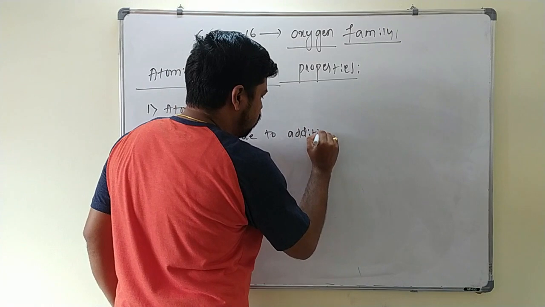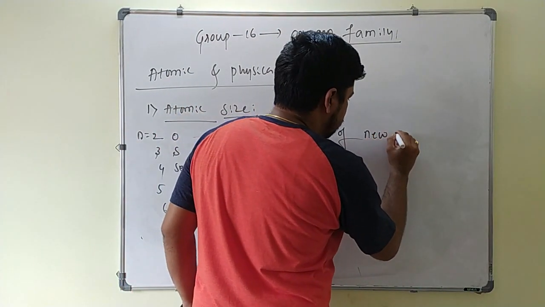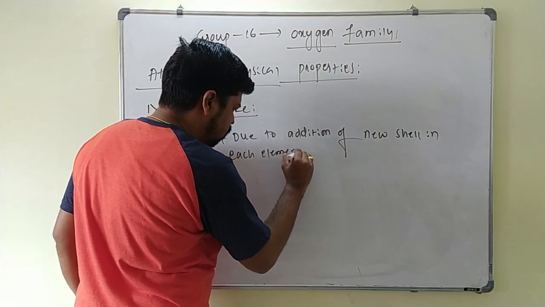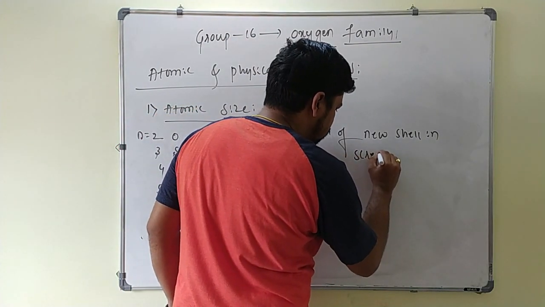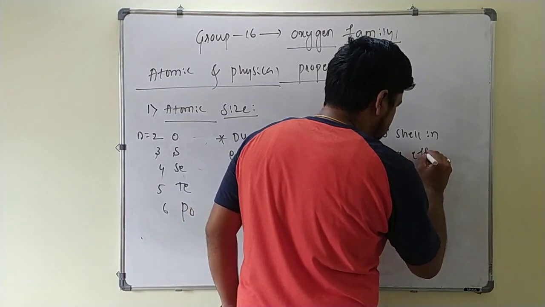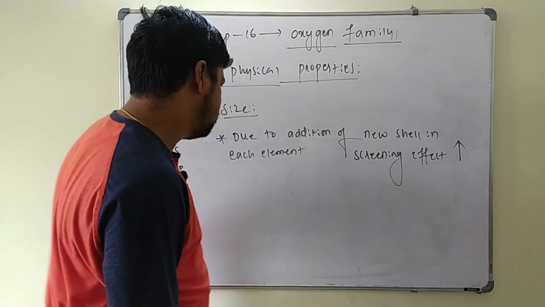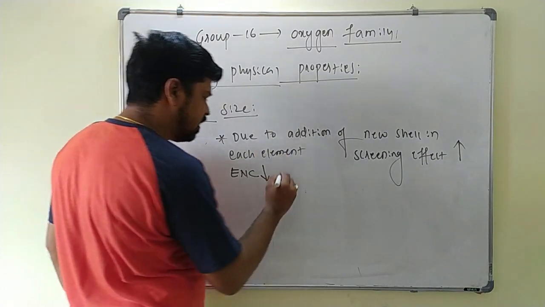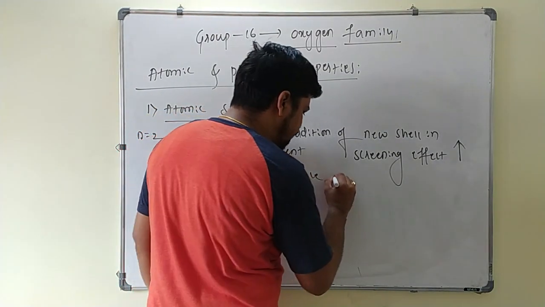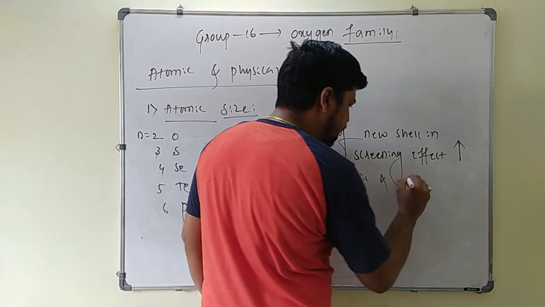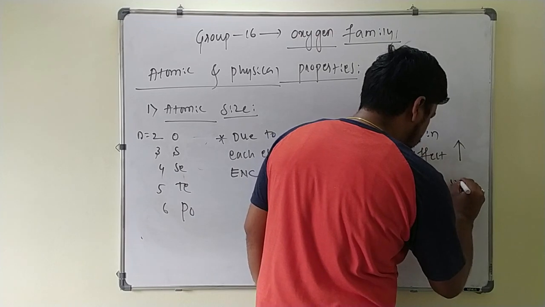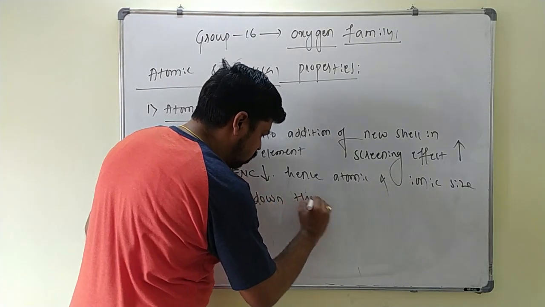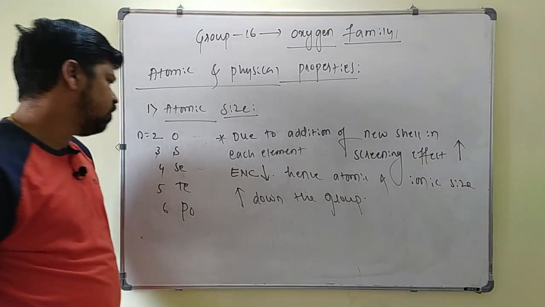Due to addition of a new shell in each element, the screening effect increases, effective nuclear charge (ENC) decreases, hence atomic and ionic radius or ionic size increases down the group in case of group 16.